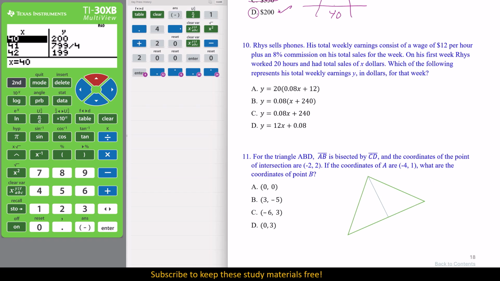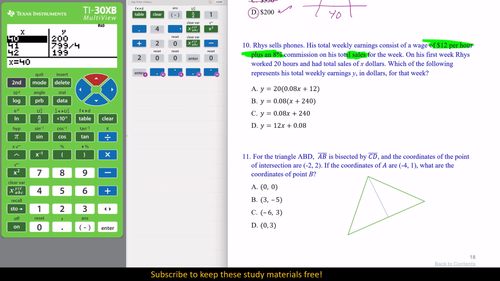Okay. Number 10, Reese sells phones. His total weekly earnings consist of a wage of $12 per hour plus an 8% commission on his total sales for the week. Okay, that is our first part of the recipe. Okay, and it's times sales.